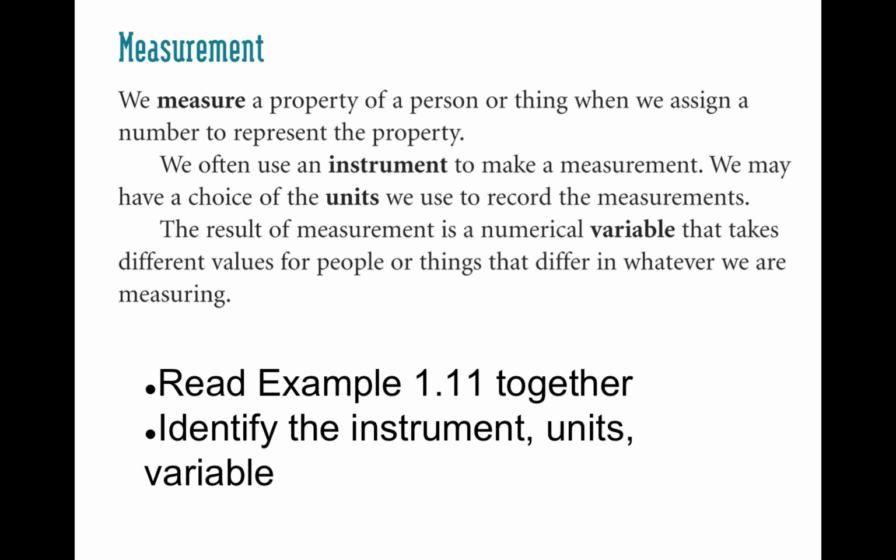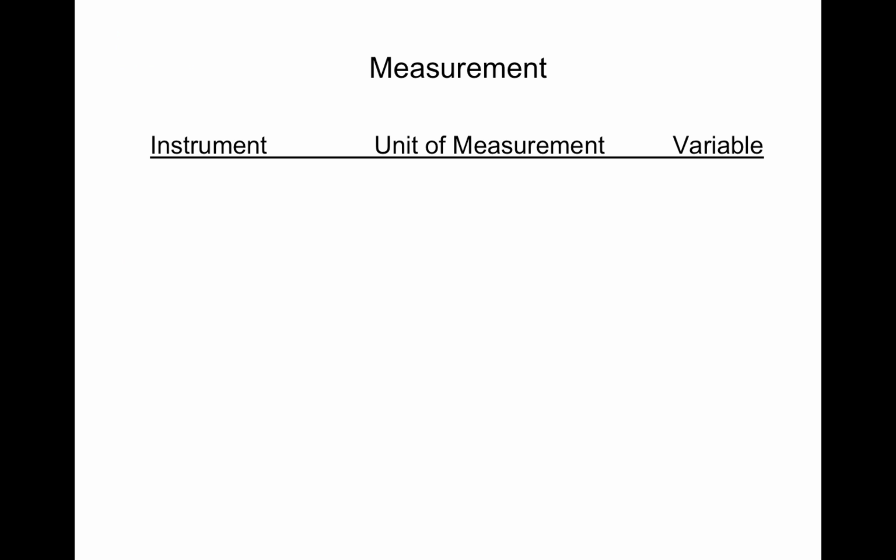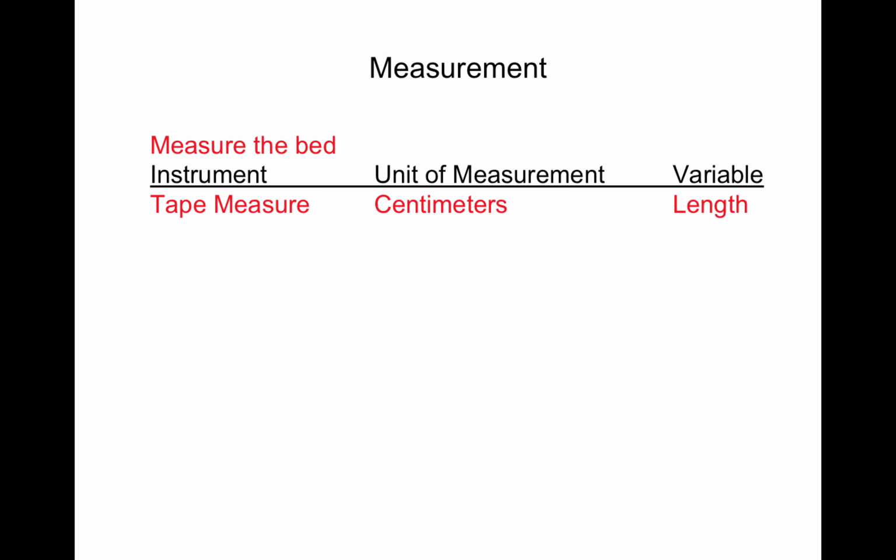So there are some vocabulary things that we need to know, and they are instrument, units, and variables. I think it's easiest to look at an example. For example, if you were to measure your bed, the instrument that you would use is the tape measure. That's the tool that does the measuring.